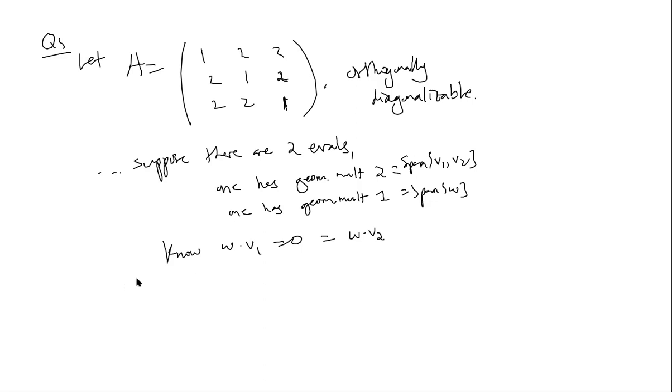What's the difference between geometric and algebraic multiplicity again? The geometric multiplicity is the dimension of the eigenspace. It's the thing that matters when you want to know if things are diagonalizable. You want the dimensions of the eigenspaces to all add up to n.